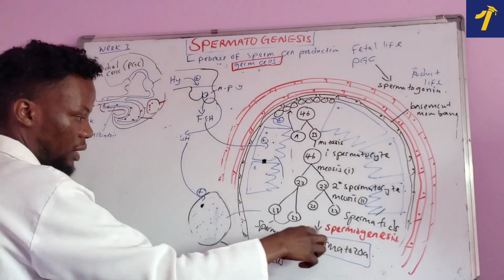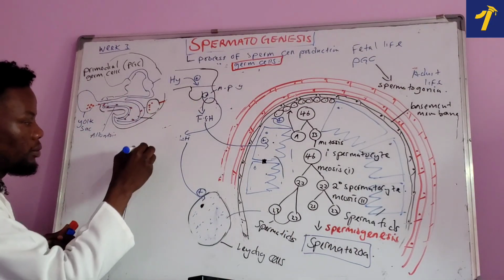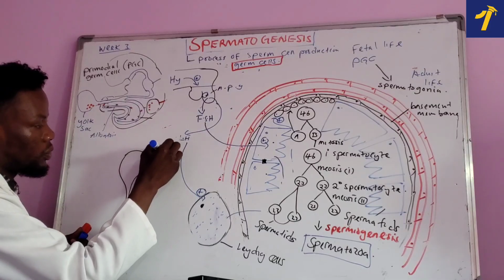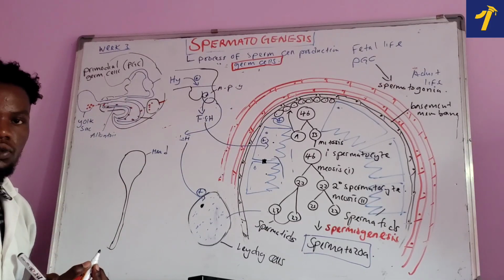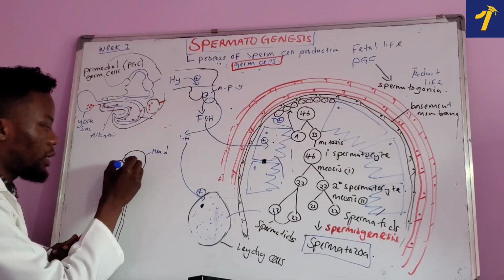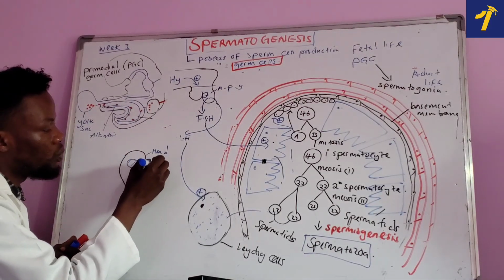The structure of the spermatozoa is going to have the head. Inside the head, we're going to have two important structures that you need to remember. We've got the nucleus, which is condensed.